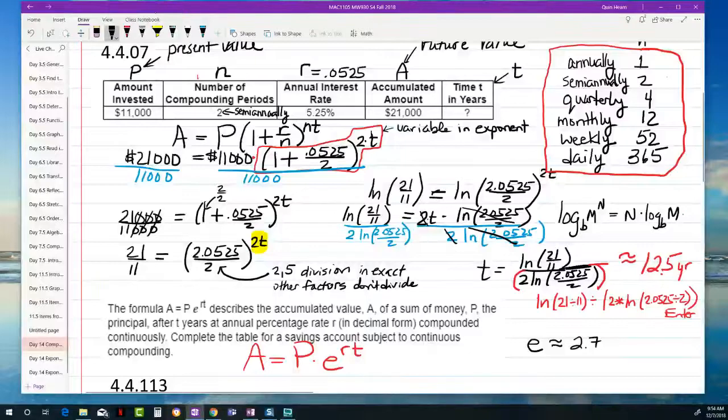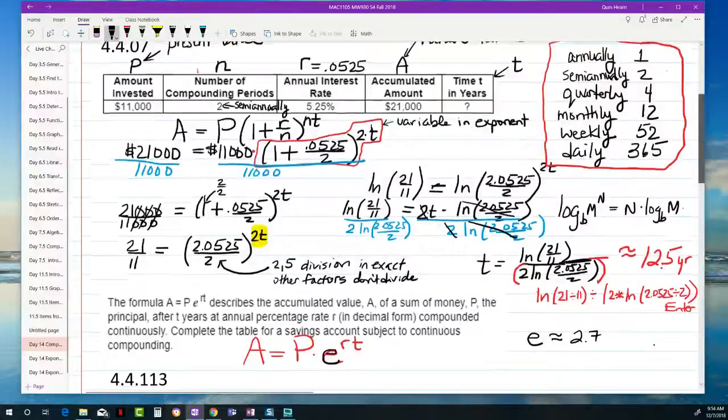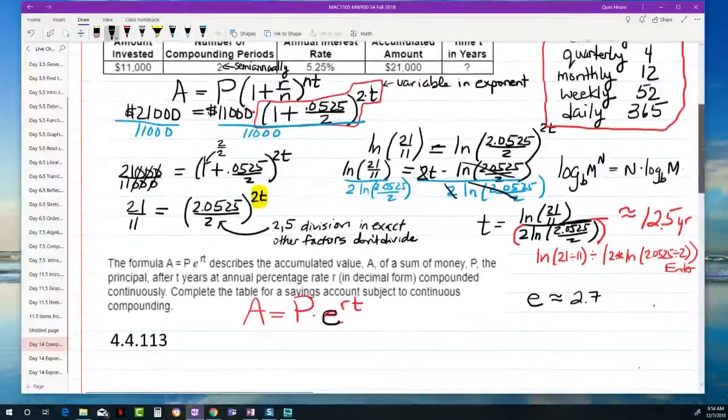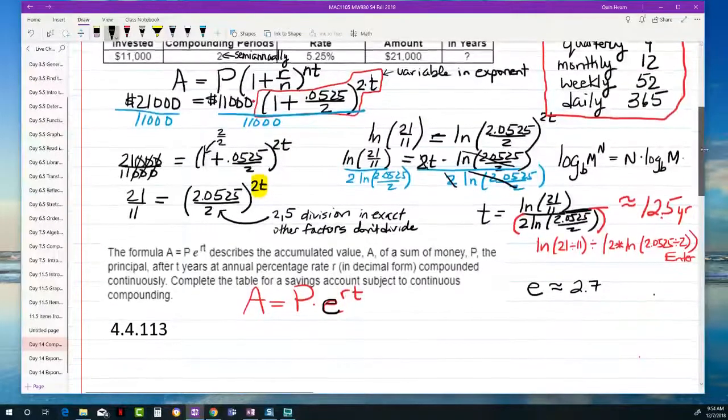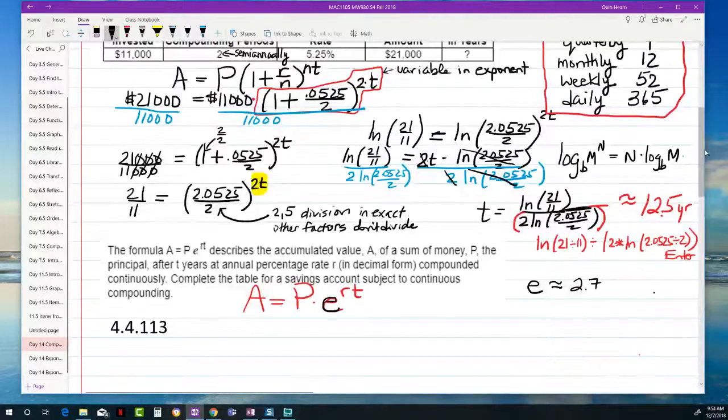Okay, so this is not a variable in this formula, it's a constant, but it's being raised to the power rt. So again, if we're solving for the amount of time it takes for some money to accumulate, or the rate for that matter, you can end up with an exponential equation and you solve it using logs.